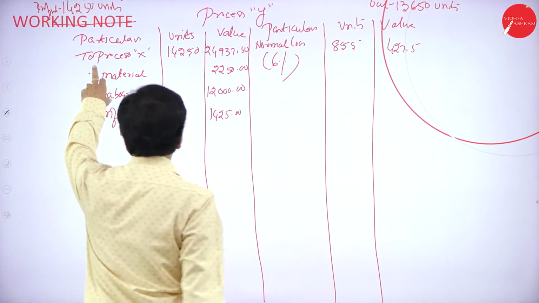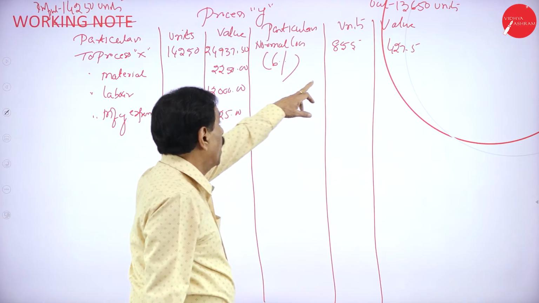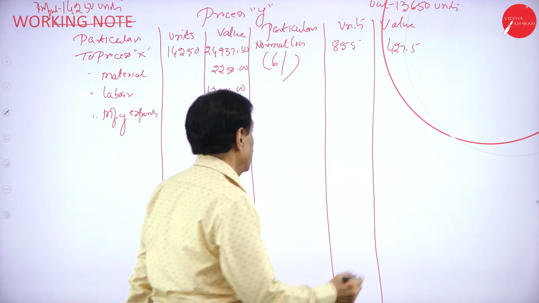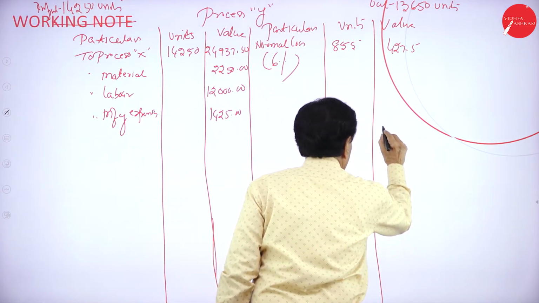What's your input? 14,250. How much normal loss? 855. Here you can write the working note.